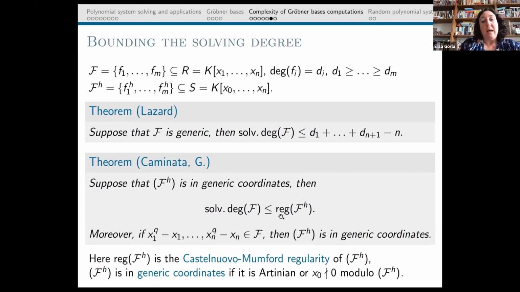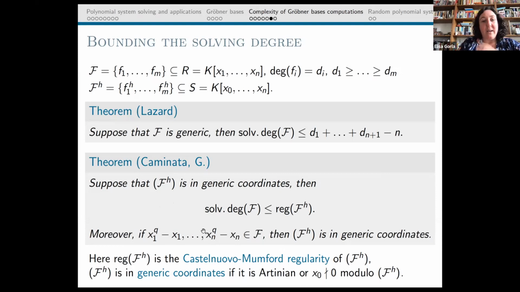And there is this thing about generic coordinates. Being in generic coordinates is something technical in algebra, but you could think of it like this: if you look at the solutions of the homogeneous system, these are points in projective space, and none of them is in the hyperplane x0 equal to 0.